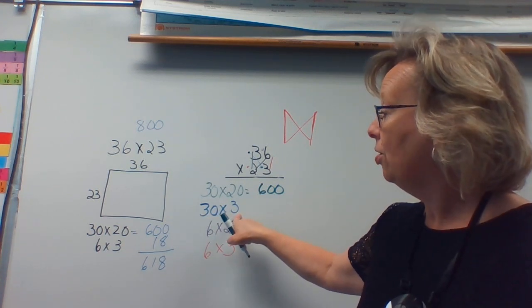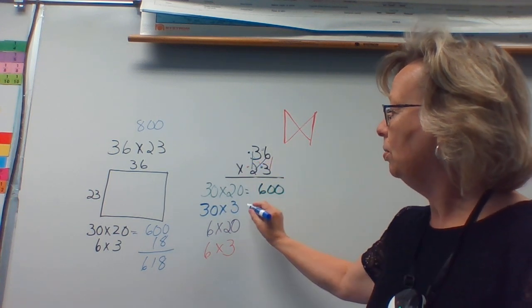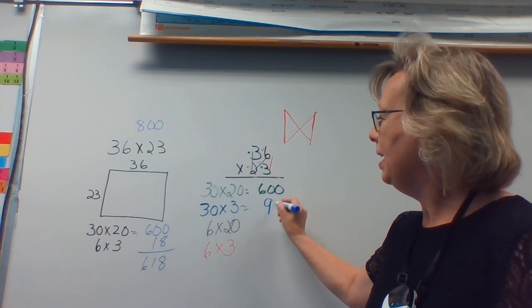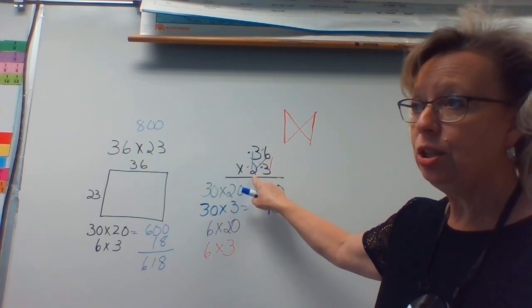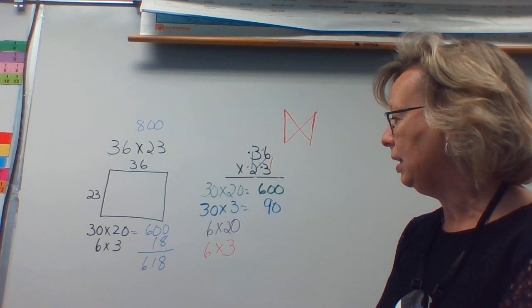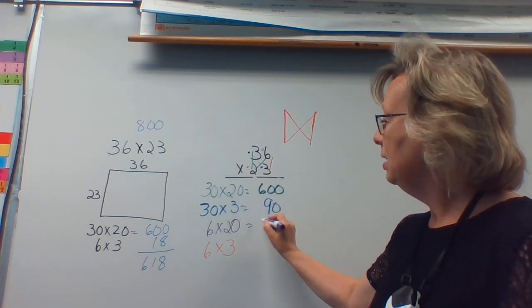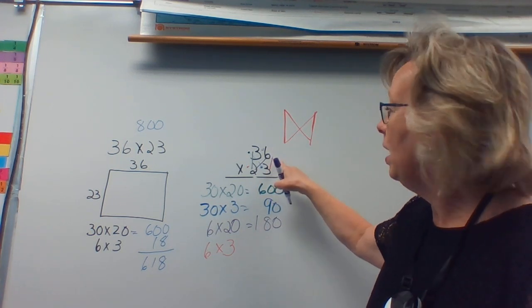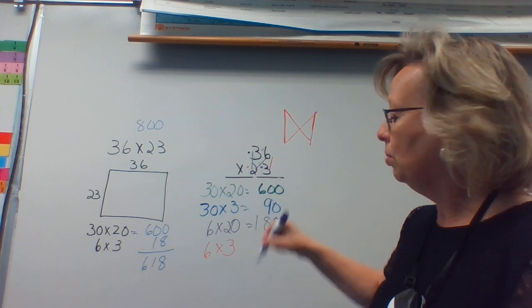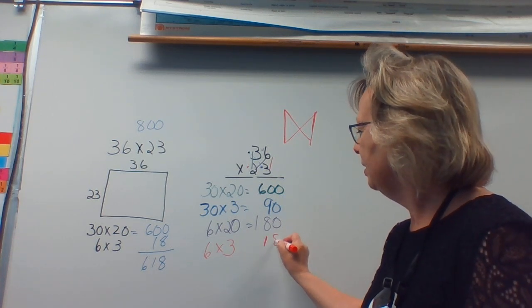My first number, 30 times 20, is 600. Then 30 times 3 is 90. Then 6 times this 2, which has a place value of 20, so that is 180. And then last of all, my ones, 6 times 3, is 18.